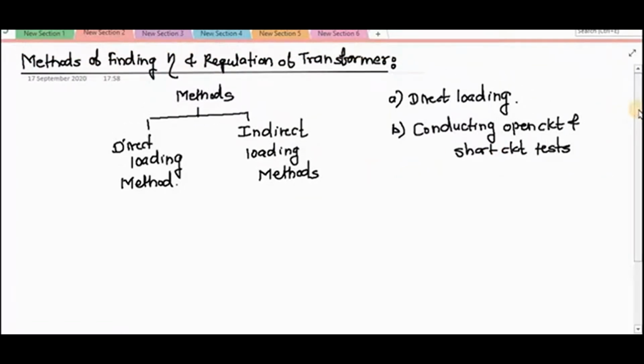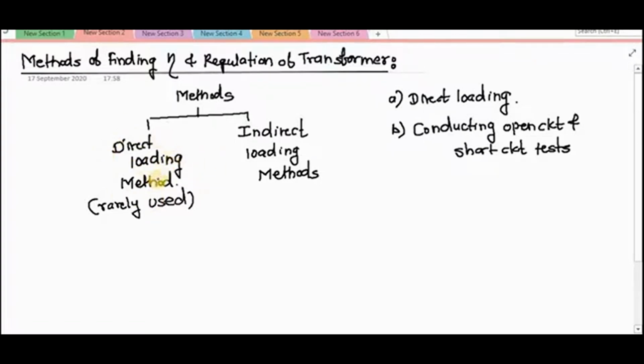The method of finding out efficiency and regulation by direct loading is rarely used. I will tell you why it is rarely used. The direct loading method is rarely used because it is very difficult to obtain a suitable load for carrying out this method.